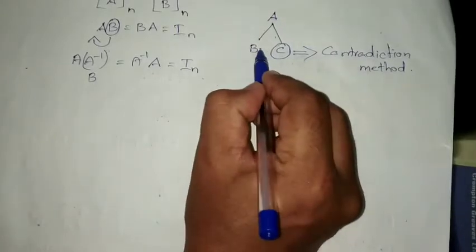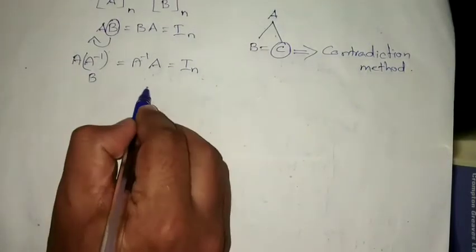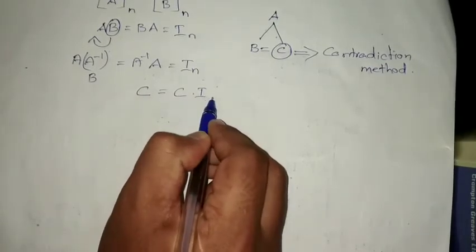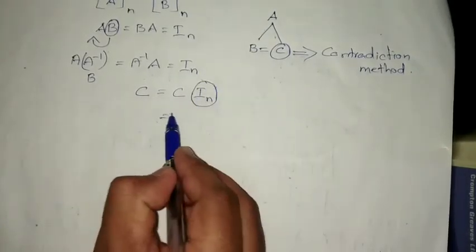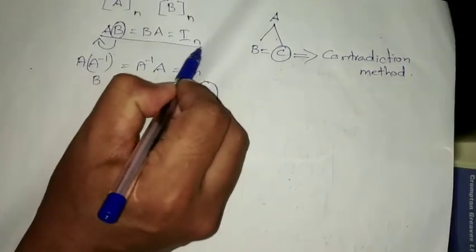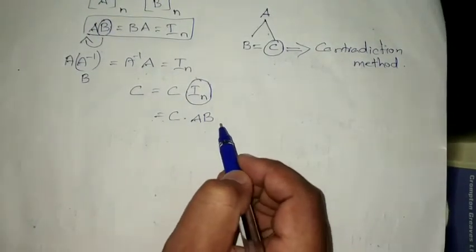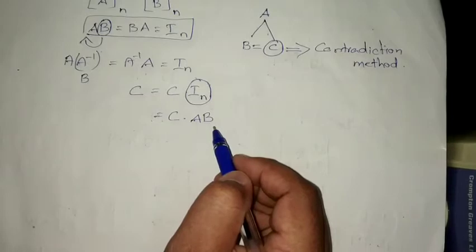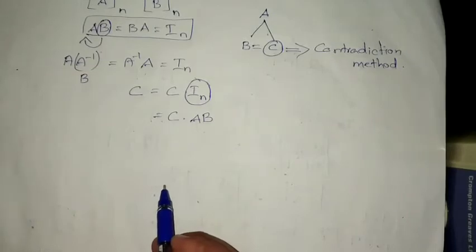Now we are going to prove B equals C. Let us take C equal to C into I. This identity we change to AB, so C into AB.